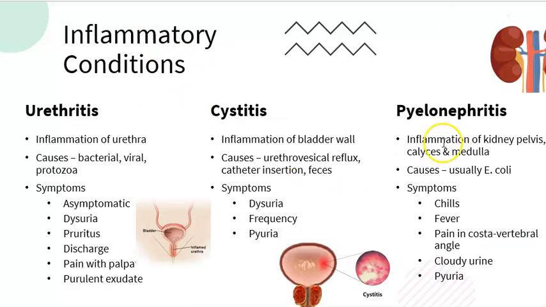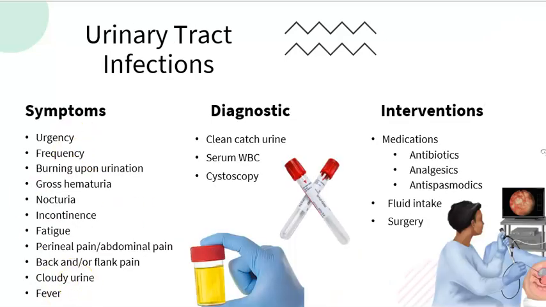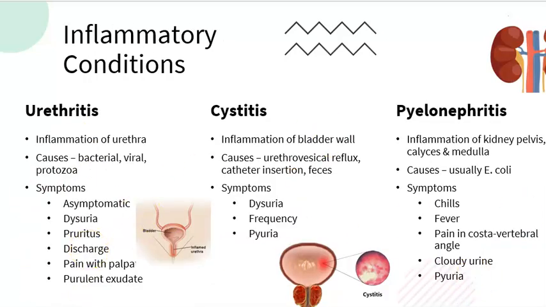This is just inflammatory conditions, your patients will have all of these symptoms if they have any of these. So make sure you know these. Your pyelonephritis, a common cause of that is E. coli. That's important to know.